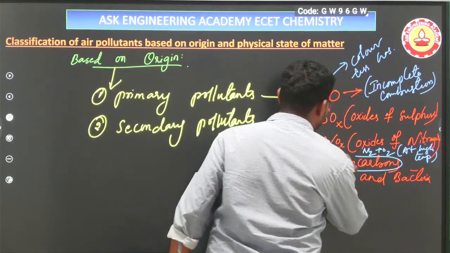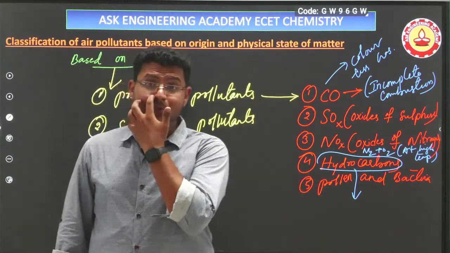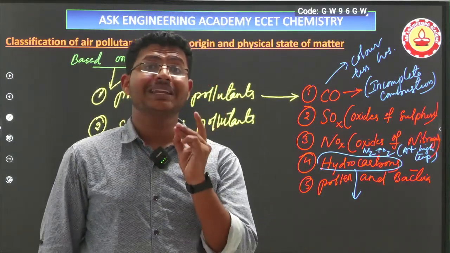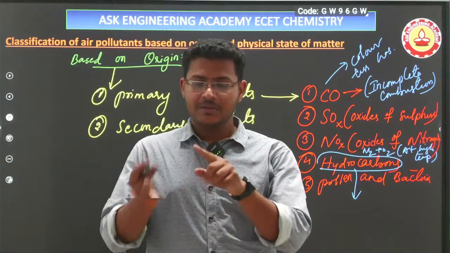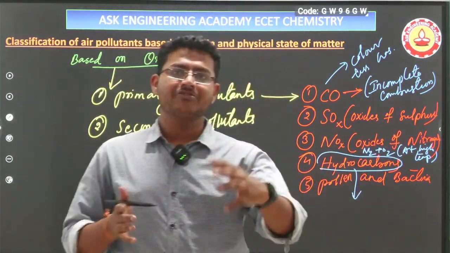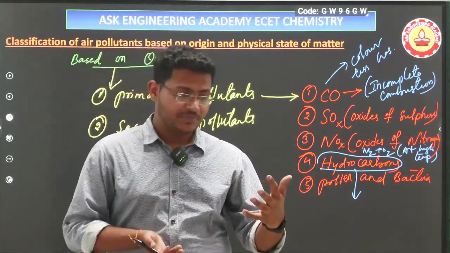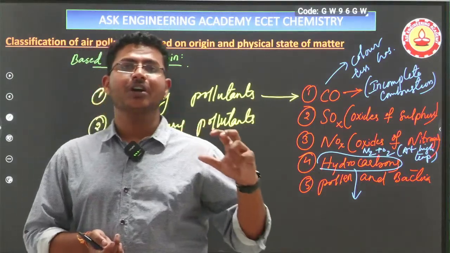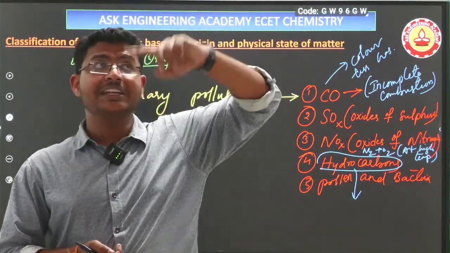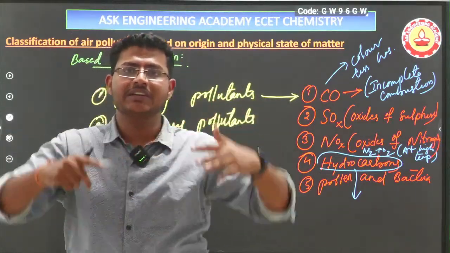Hydrocarbons, these are very, very important. Hydrocarbons are generally produced from automobile exhaust and refrigerators. మనం ఫ్రిడ్జెస్ వాడుతూ ఉంటాం కదా, రిఫ్రిజిరేటర్స్, అక్కడ నుండి వచ్చేవి హైడ్రోకార్బన్సే. వెహికల్స్ నుండి వచ్చే స్మోక్ లో హైడ్రోకార్బన్స్ ఉంటాయి. హార్మ్ఫుల్ ఎఫెక్ట్స్ ఏంటి? Hydrocarbons affect the ozone layer that is located in the stratosphere. Due to hydrocarbons, depletion of the ozone layer usually takes place.